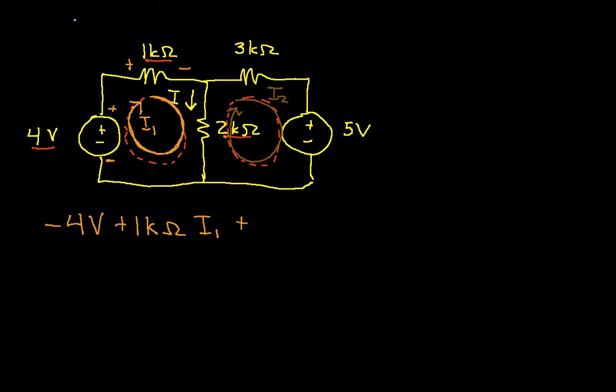Okay, now things get a little weird. I need to find the voltage across the 2K ohm resistor. But the thing that makes it weird is I have mesh current I1 flowing this direction and mesh current I2 flowing this direction. Now clearly, in this case, I1 and I2 are not the actual currents that flow through the 2K ohm resistor. Instead, we think of them as virtual currents.